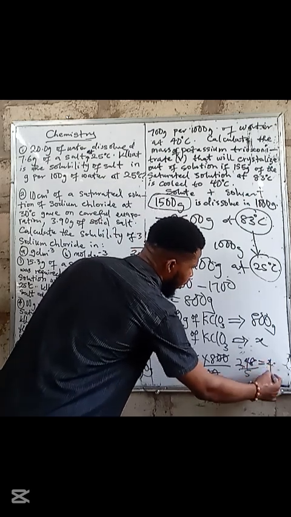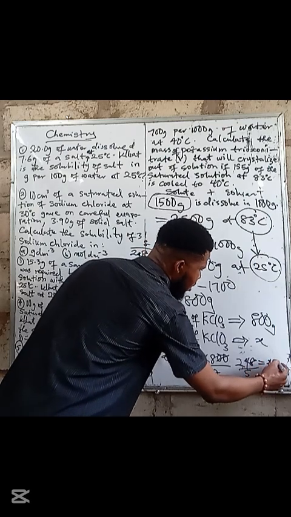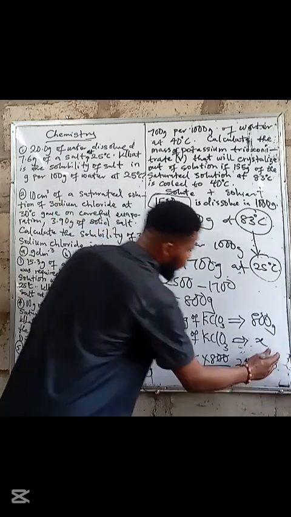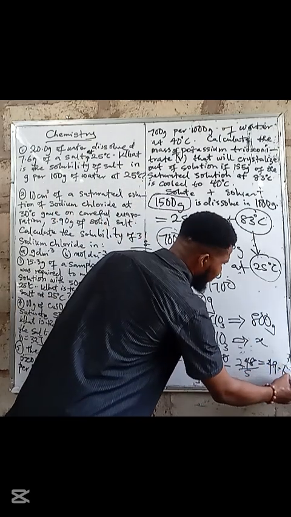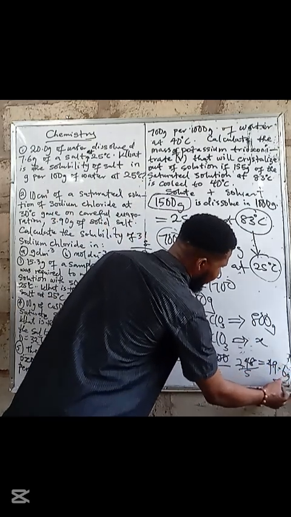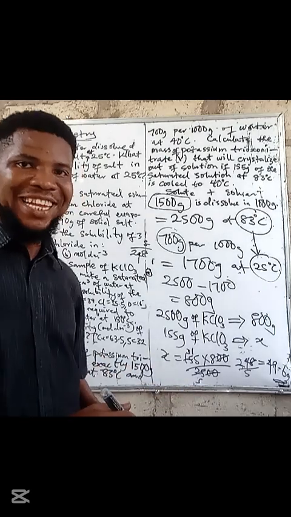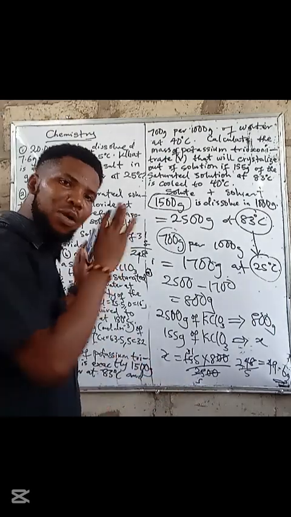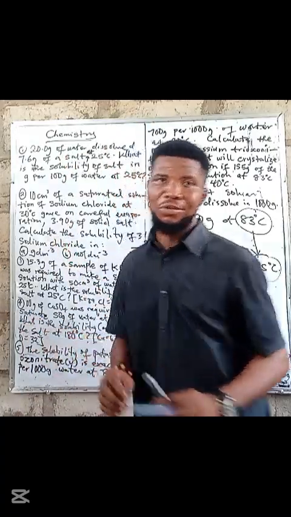That would be 49.6. Alright, 49.6 grams. I hope you understand that. Or you use your calculator and get the accurate calculation, okay? So, what you have to do is understand how to do this calculation now. Thank you. Alright?